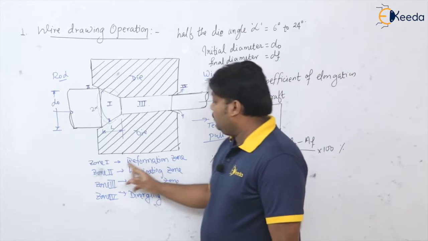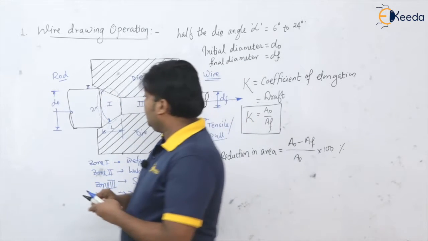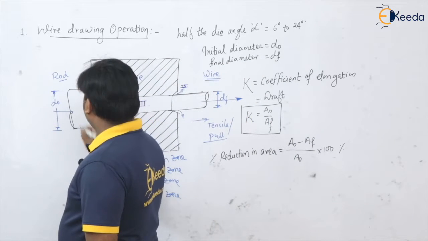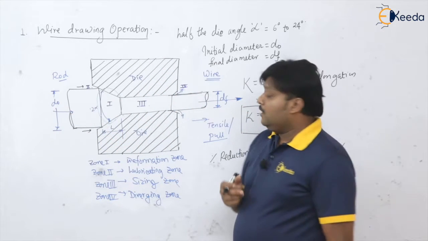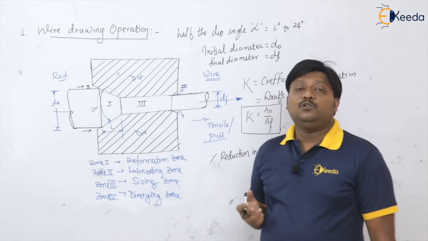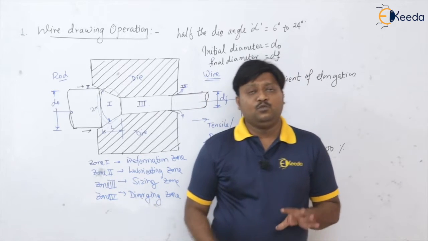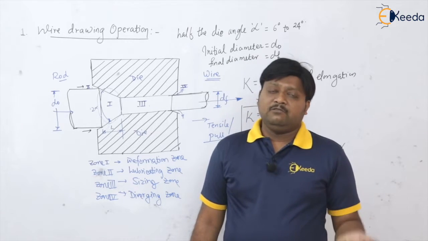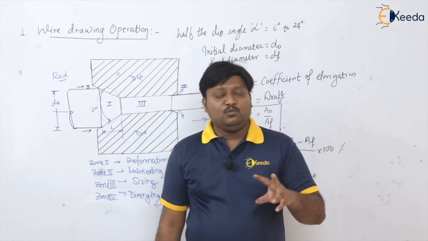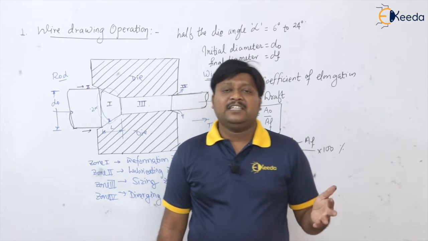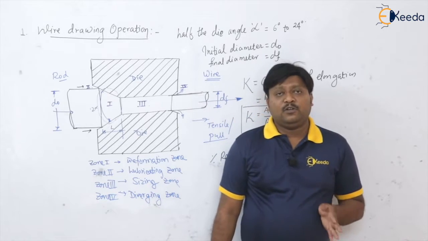Now let us talk about the lubricating zone. So see, from zone 2 we are going to supply the required lubricants into the operation. Now, which kinds of lubrication can we use in the wire drawing process? Basically there are two lubricants, liquid lubricants and solid lubricants. And the third case is when we do not use any lubrication at all in the wire drawing process.